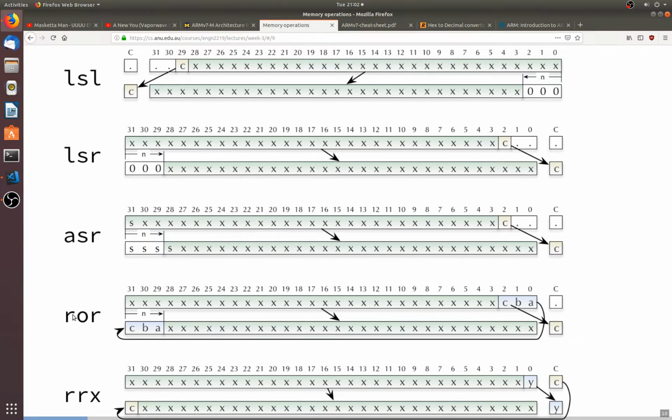And if you're doing rotate right S, then the last thing to get shifted off will go into the carry flag. And lastly, we have RRX, which rotates right by 1, puts whatever it shifted off into the carry flag, and tacks the carry flag onto the start. This is called rotate right with extend. You probably won't use this, but it's on your board, so we're covered.